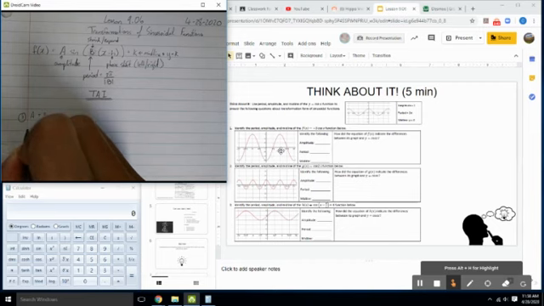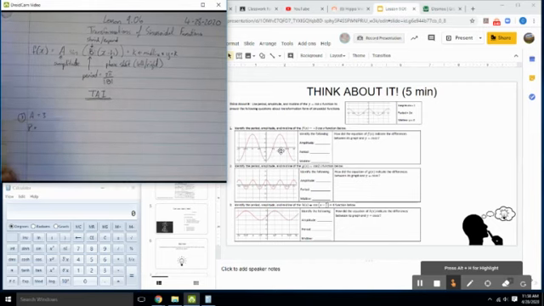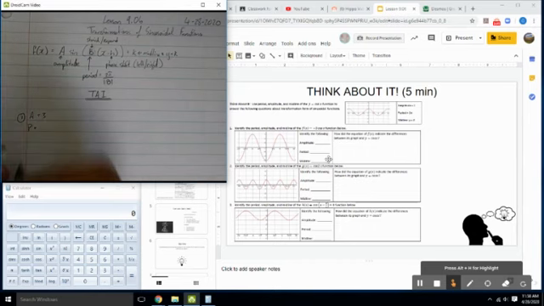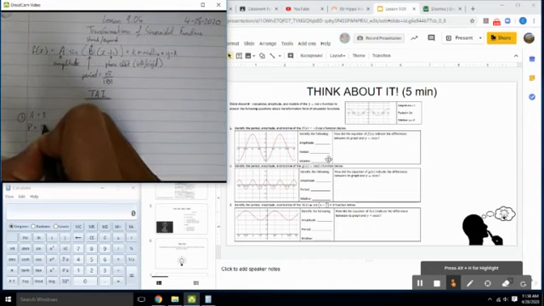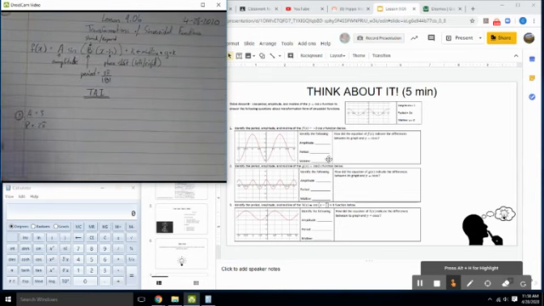What about our period? Our period goes from 0 to 2 pi. So it's the same as before, from this line all the way to this line, from 0 to 2 pi. So our period is 2 pi, just like before.